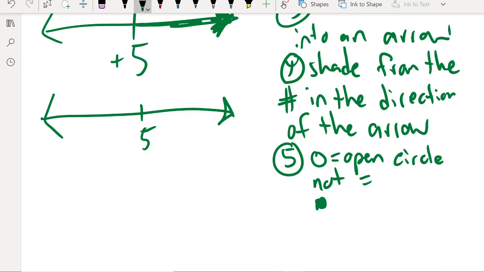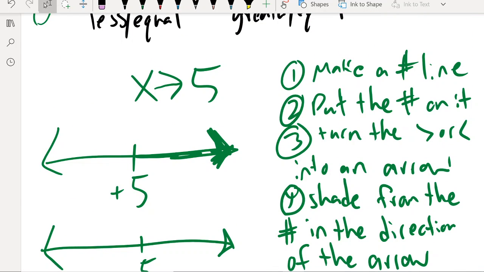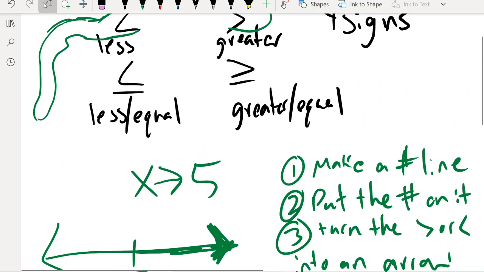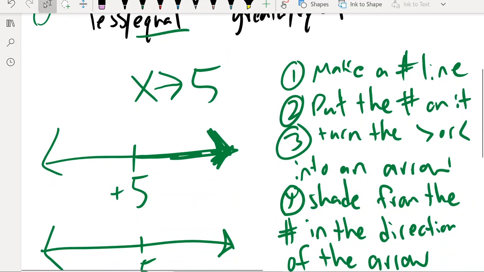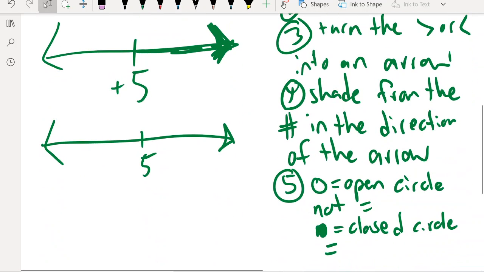Then you have a closed circle, which is equal. In this case, there's no equal sign, so x is greater than 5, that's it. So there's an open circle on it.